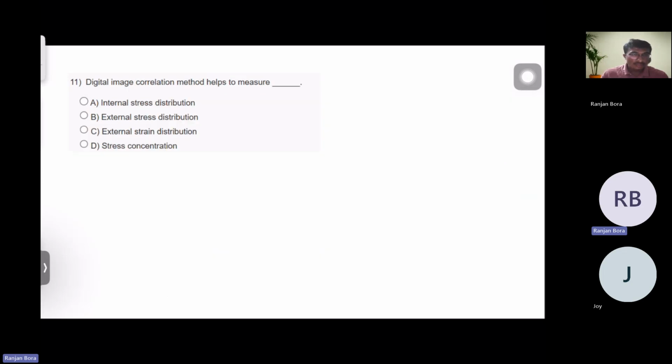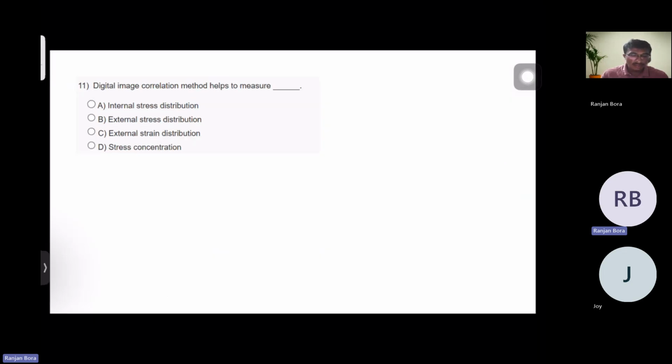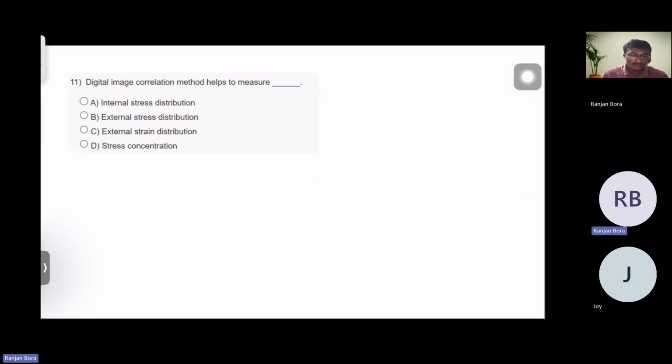Okay. Next question is, digital image correlation method helps to measure. So why do we use the digital image correlation method? DIC is a non-contact optical metrology to measure full field surface deformations on practically any material subjected to driving forces.